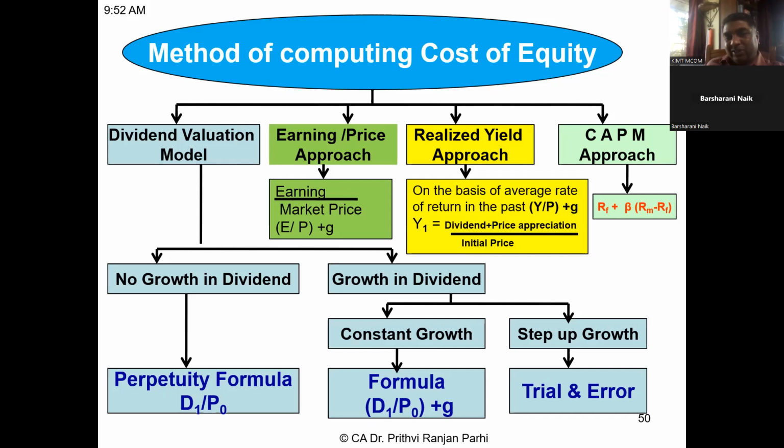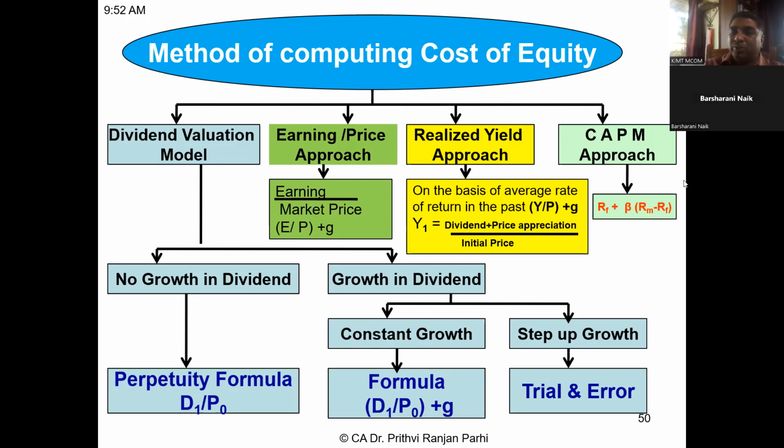The third formula talks about the realized yield approach. Here the formula is very simple: whatever dividend is paid and whatever price is appreciated. For an investor, if he has received some dividend, plus if the share value has been appreciated, let's say the 10 rupees share becomes 12 rupees. There is appreciation of 2 rupees. So 2 rupees is the yield, plus he has received, let us say, a dividend of 1 rupee.